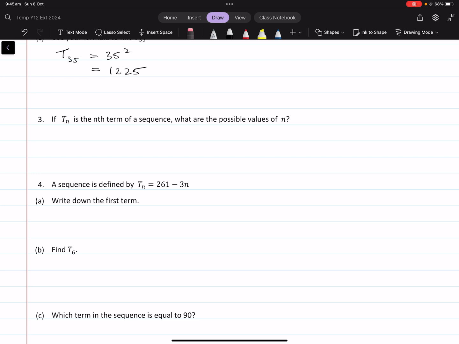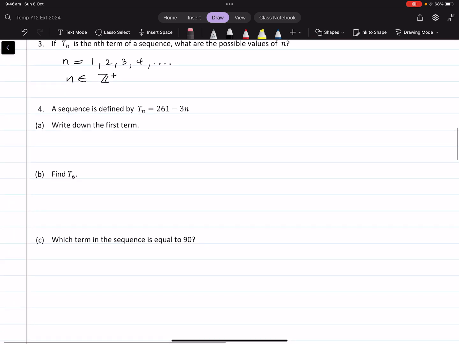Can't even find term 0, and it can't be negative. So in other words, n has to be whole numbers starting at 1. Term 1, 2, 3, 4, etc. A way to say this would be that n belongs to the set of positive integers. That's the notation, Z plus for the positive integers, and that's an 'belongs to' symbol there.